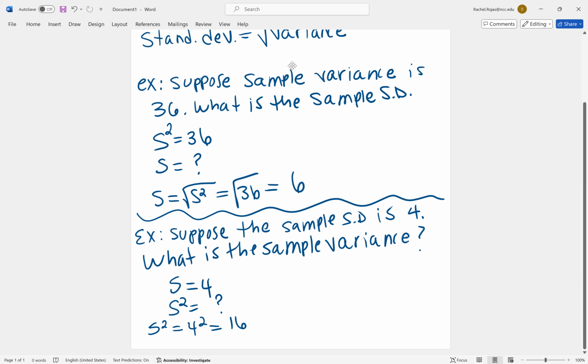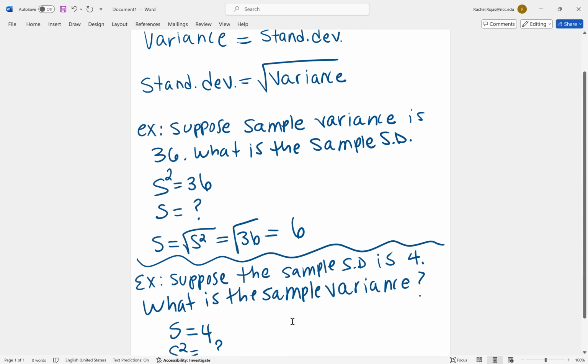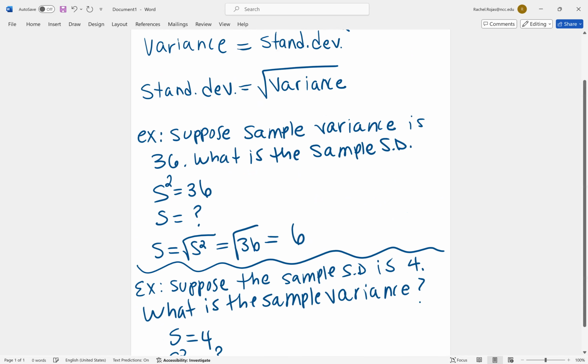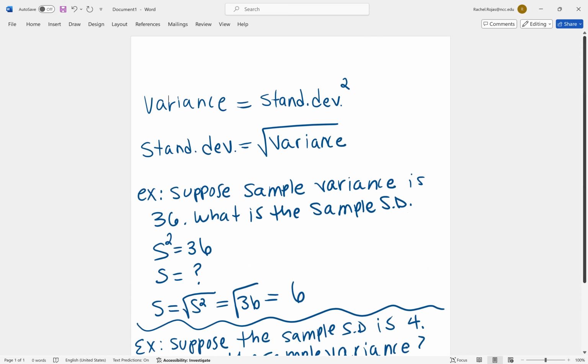Now, before we do another example, I also want to talk about what it means to have a higher standard deviation versus a lower standard deviation.